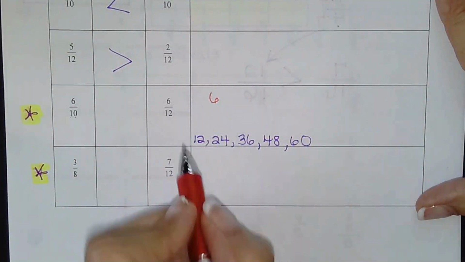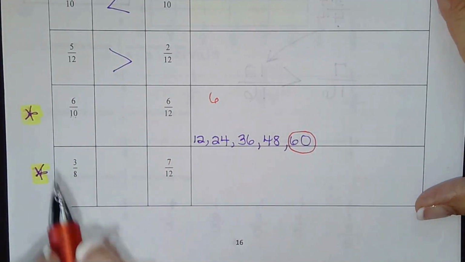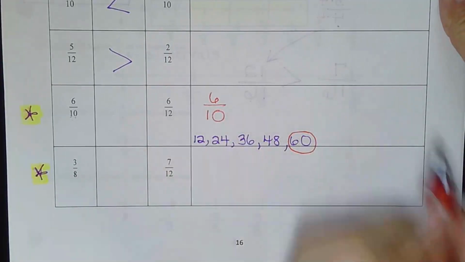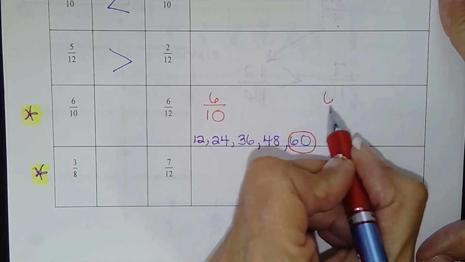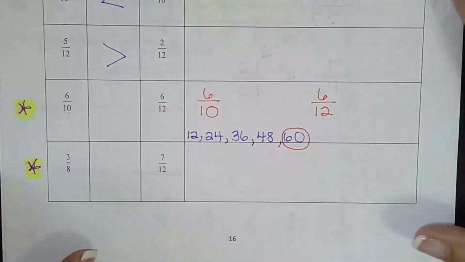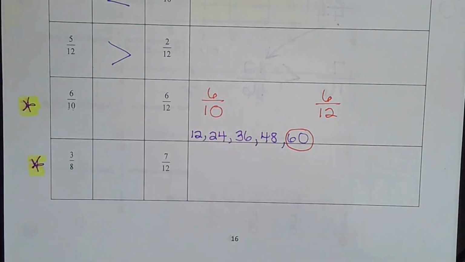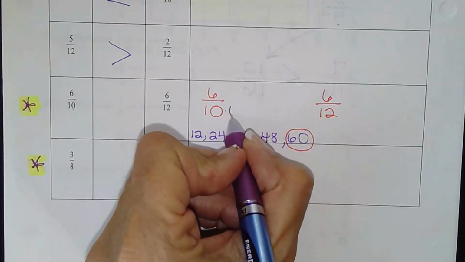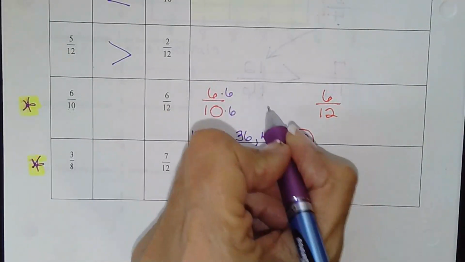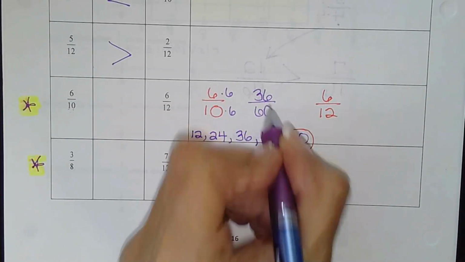Okay, so we just said that 60 is the number that both of these fractions go into. So I need to change them both to 60. So I know to turn this into 60, I have to multiply numerator and denominator by 6. So this turns into 36/60ths.